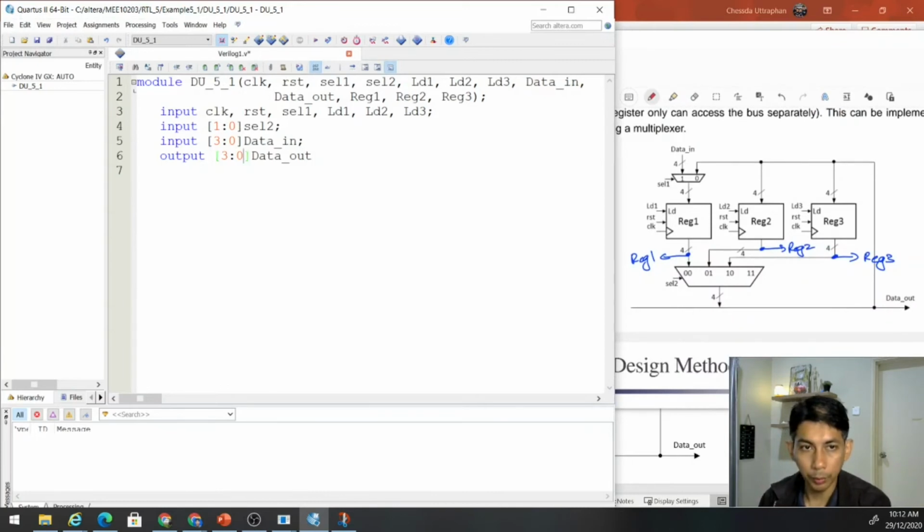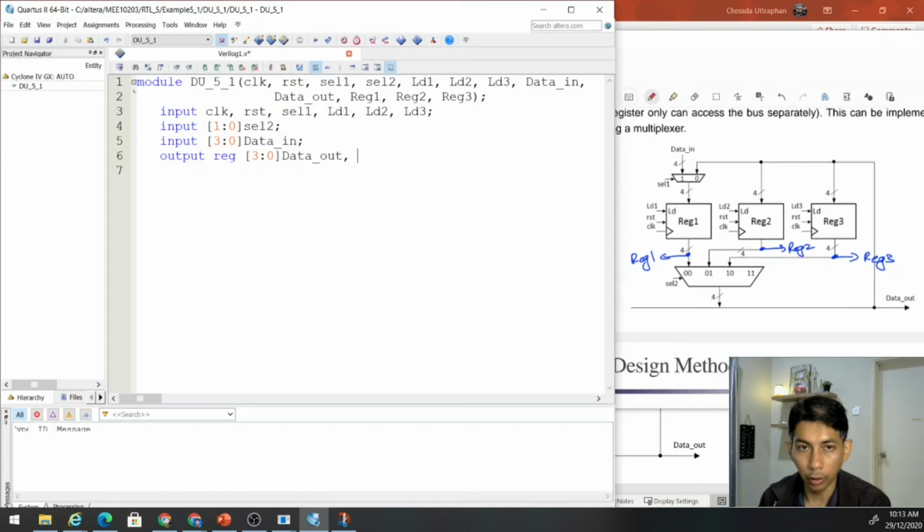And this should be in reg data type also. Why? Because the data out must be declared as a variable, since we will use an always block to define this multiplexer, and also to define this reg1, reg2, reg3.